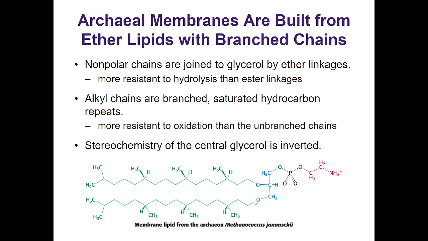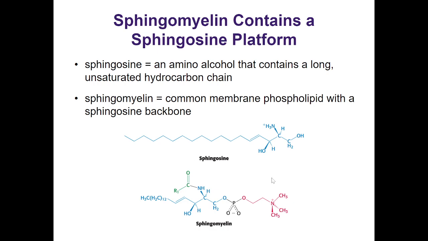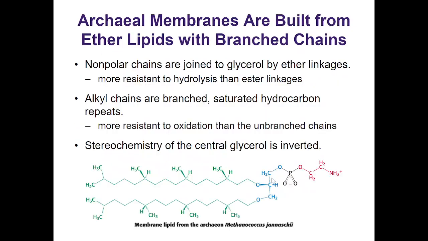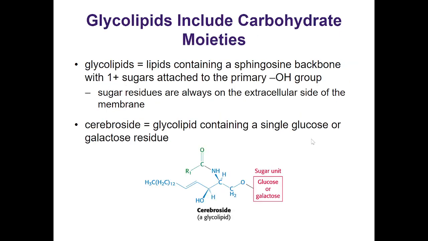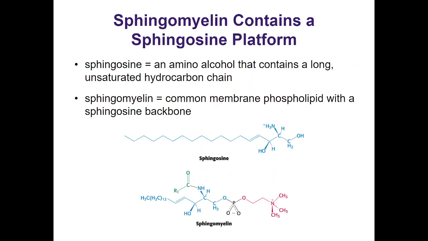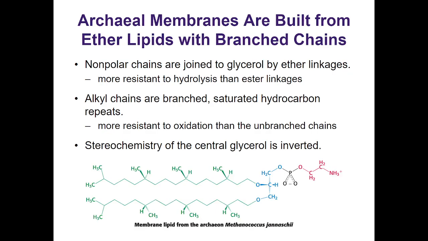There are no esters in here except for the phosphodiester. This is the difference between prokaryote and eukaryote, which was what we were doing before. These are the ester linkages, and then these ones are archaeal membranes.